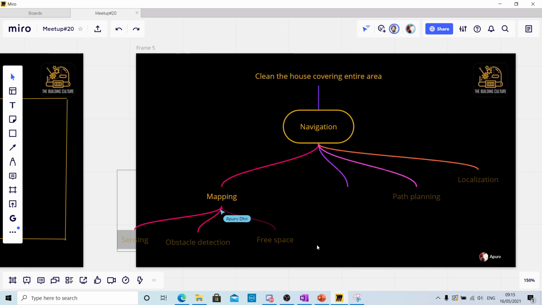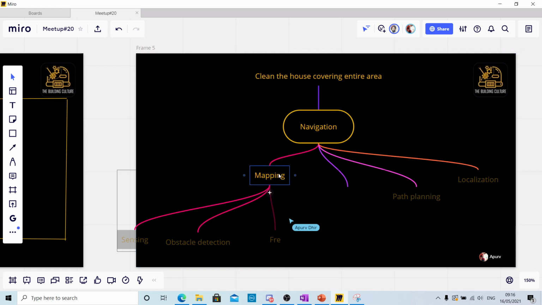Free space, so what do you mean, for path planning or what? But I think it would come in the same category as obstacle detection.